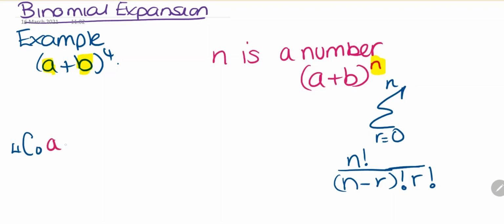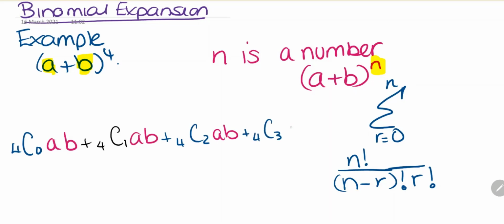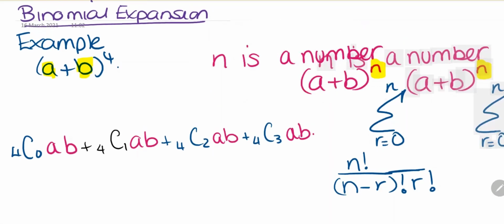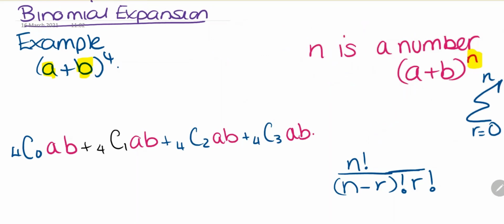Then the next term is going to be 1 times ab, then it's going to be 2 ab, then 3 ab, and then 4 ab.